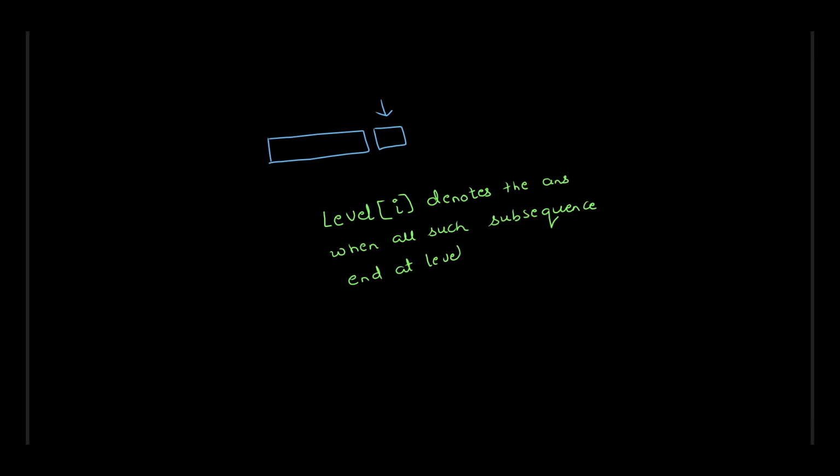So you store the answer in a levels array, where level of I denotes the answer when all such subsequences end at level I. This is the levels array, suppose.